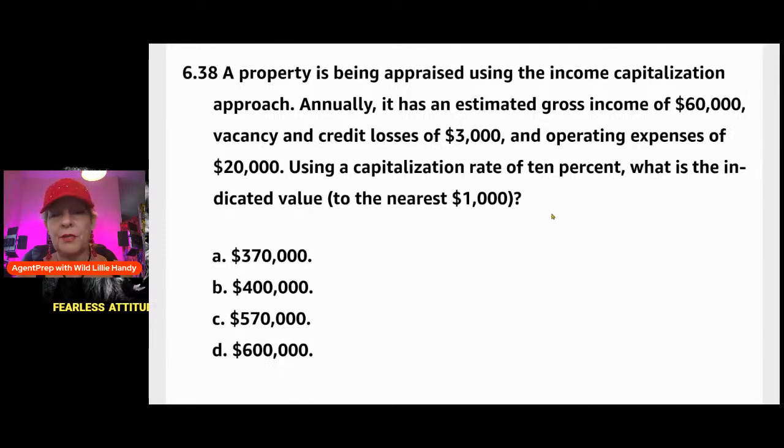Then round it off to the nearest thousand. So you have a gross income of $60,000 annually. Estimated gross income, $60,000. Vacancy and credit losses of $3,000, and operating expenses of $20,000.